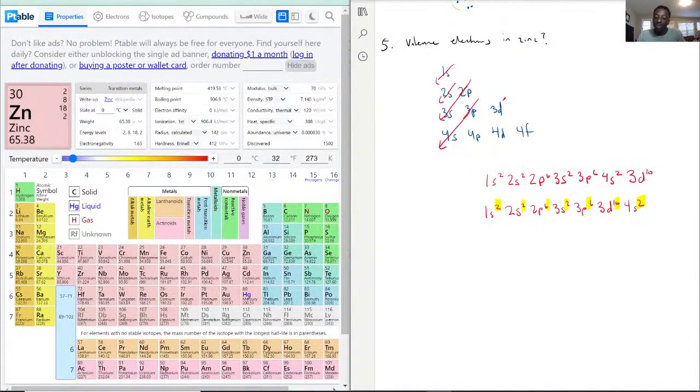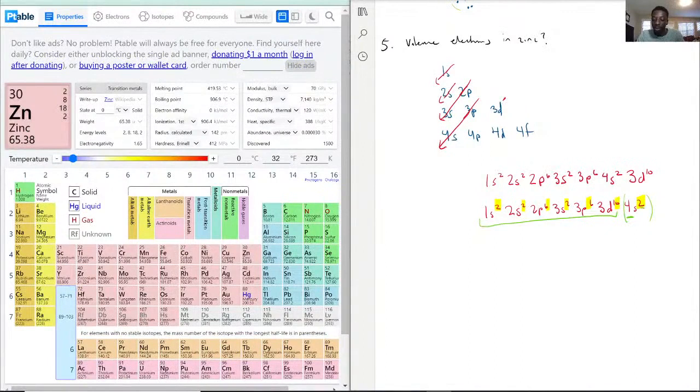Now it's asking for its valence electrons. We have shells 1 to 3, which are the shells prior, because the 4th has the biggest number. That'll be your outermost shell. So we only count this as your valence orbital, and to find how many electrons, we look at the superscript there, and that's 2.